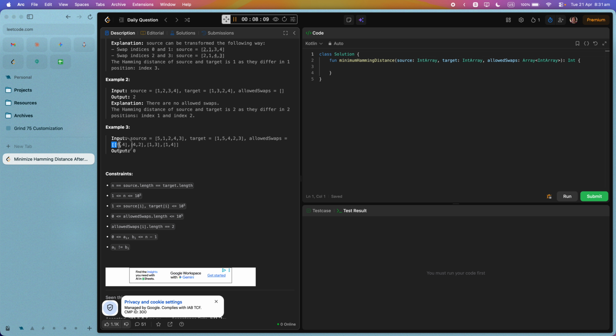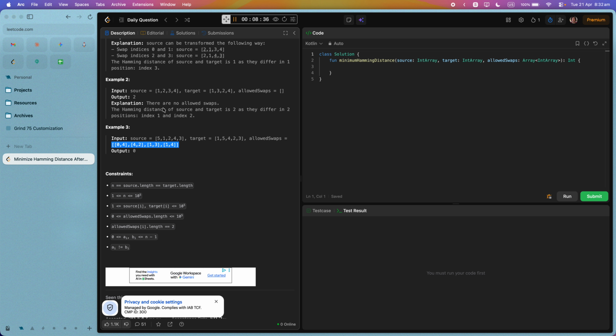Looking at this, there are all indices in here, right? So 0, 1, 2, 3, 4, and this includes all of them. That means I can use this any number of times to move any index to any place. So in that case, this is easier.